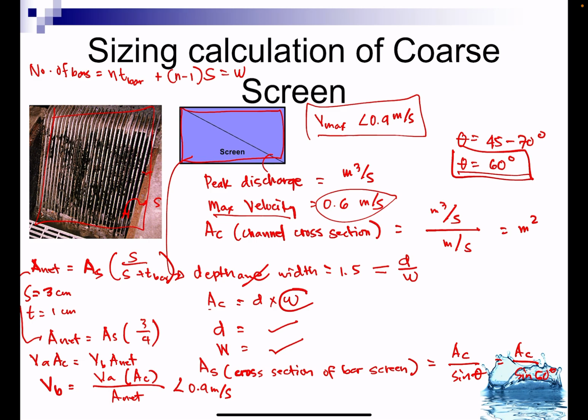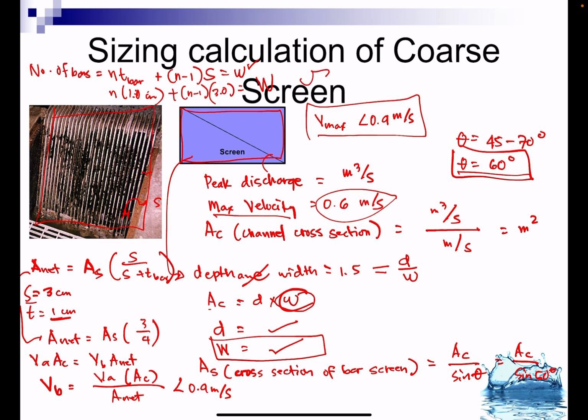So whatever is the value of this, substitute it here. You know that N times the thickness of the bar, which is 1.0 centimeter, plus N minus 1 times S, 3.0 centimeters, is equal to the W that you got here.